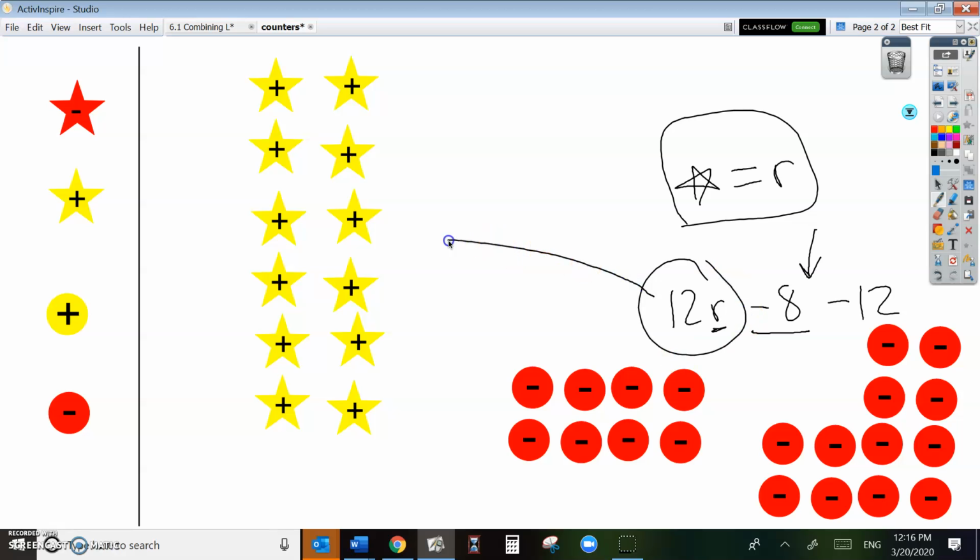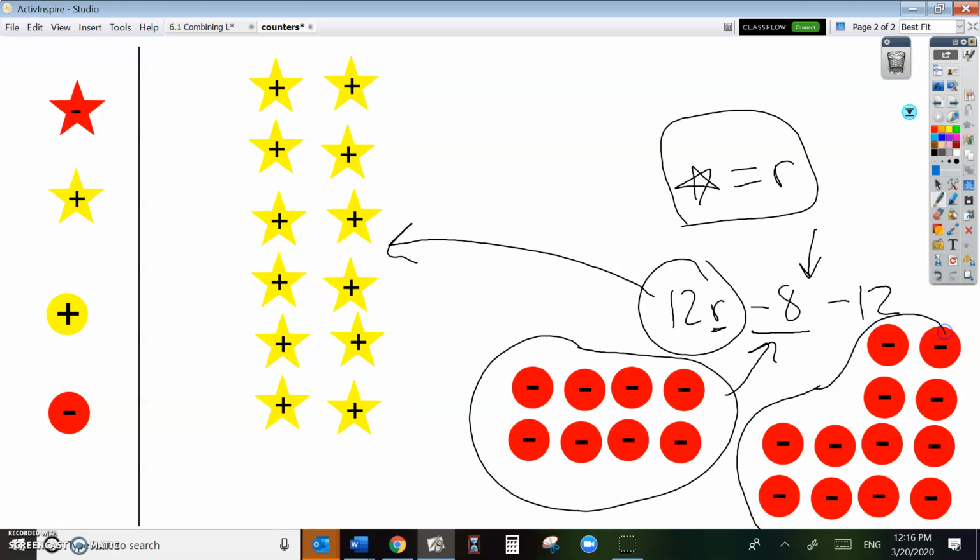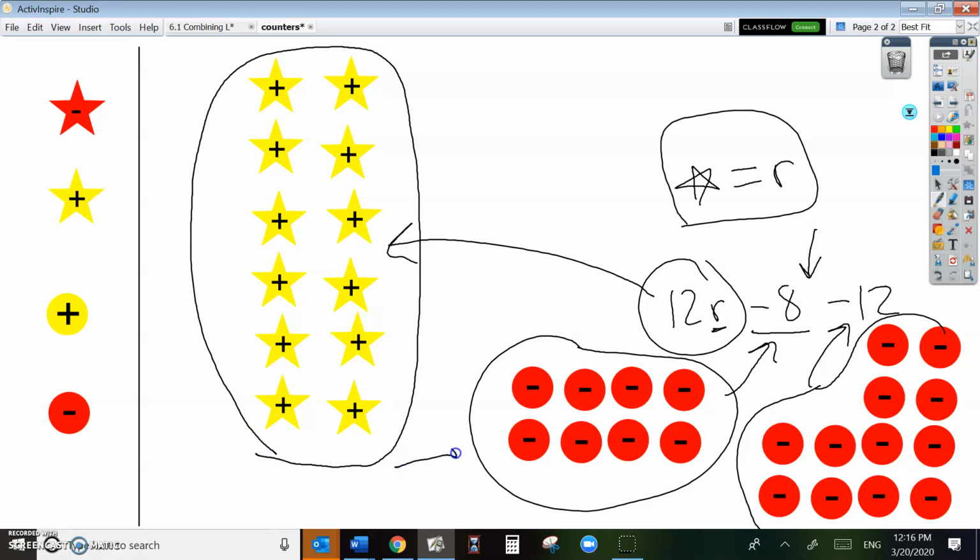So here's my 12r. Here is minus 8, and here is minus 12. These here are not the same as the circles. You can't put stars and counters together because they're not the same.